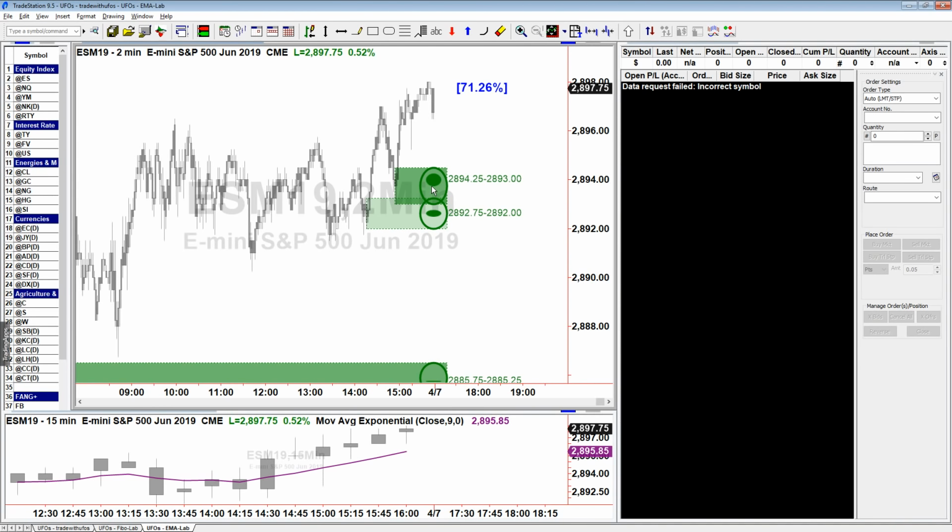So let's say, for example, there is a conflict with a US and China trade deal, and some hedge fund manager that was very happy to buy a certain stock at a certain price just changed his or her mind and now cancels the orders. Well, then we have a problem because the AutoUFOs tool on the bottom part of the chart has identified on-field orders located at 28.94.25, but then if those are canceled, well, then you get in trouble because obviously there is nothing to stop price from falling.